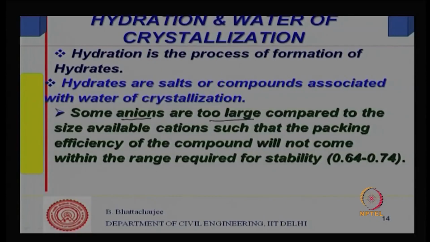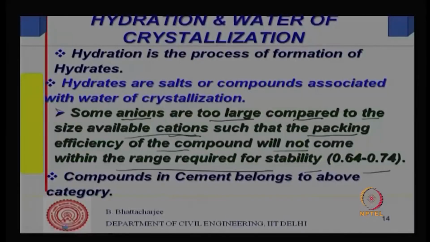Well, because anions are too large compared to the size of the available cations, such that the packing efficiency of the compound will not come within the range required for stability. Cations are small, anions are large, and cations are arranged with the anions in some manner. If the sizes are mismatched, they do not pack with appropriate packing density.